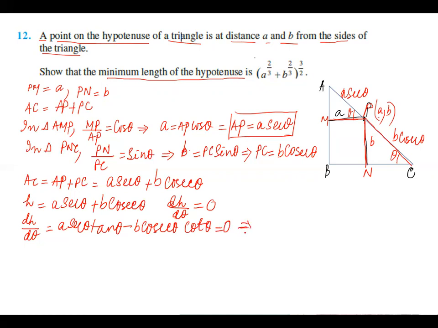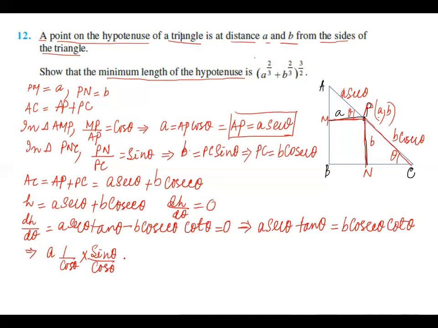Or a sec theta tan theta is equal to b cosec theta cot theta. Now I'll convert this into sine and cos. So I'll get a into 1 by cos theta into sine theta by cos theta is equal to b into 1 by sine theta into cos theta by sine theta.